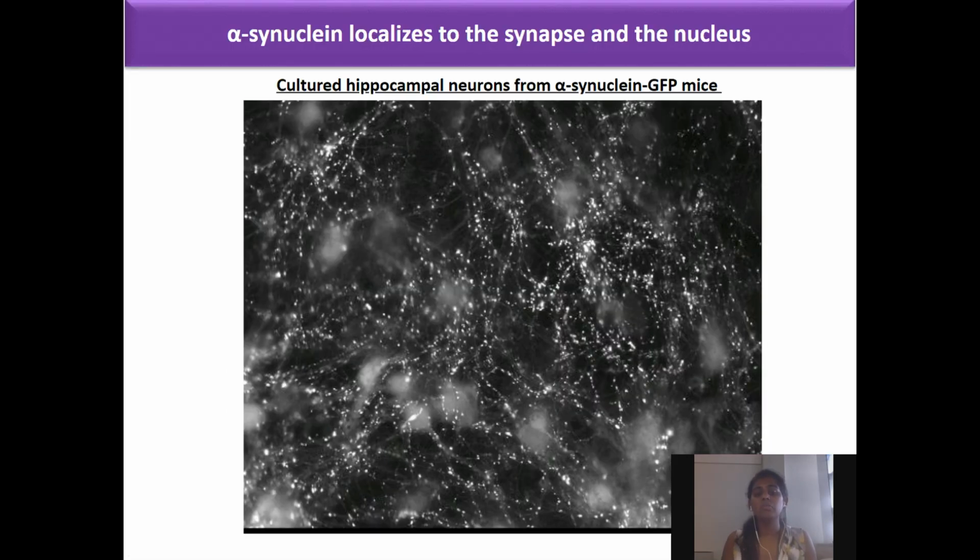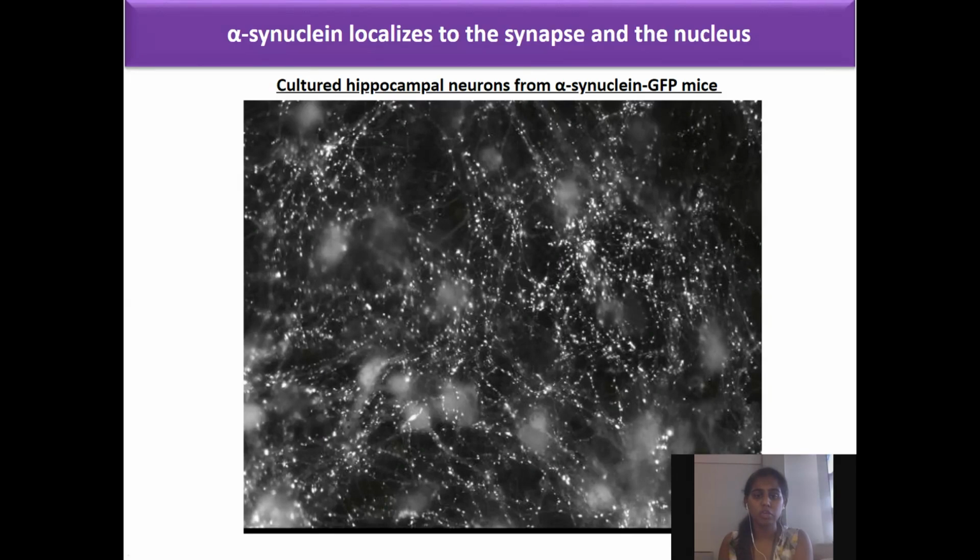So α-Synuclein was first identified as a nuclear protein, but later was localized to presynaptic terminals, and hence the name α-Synuclein. And here is an image of cultured hippocampal neurons from synuclein-GFP expressing mice. So you can see that they have very faint signal in the nucleus, but predominantly you see punctate structures all over, which are presynaptic terminals.